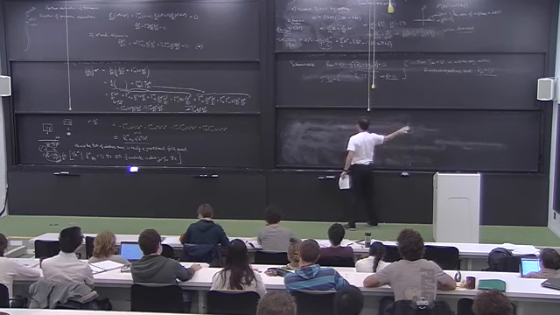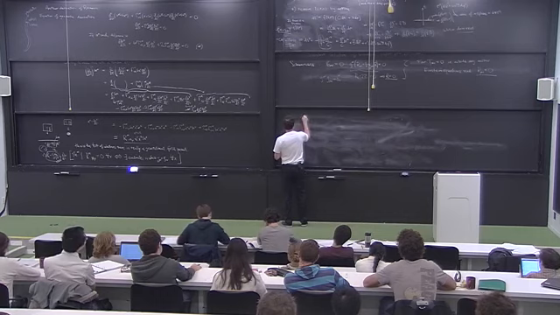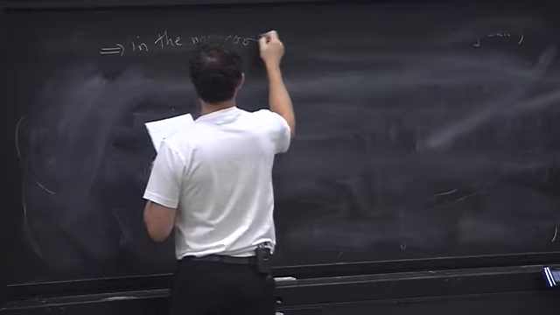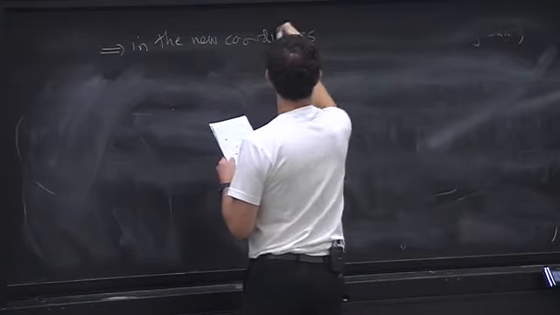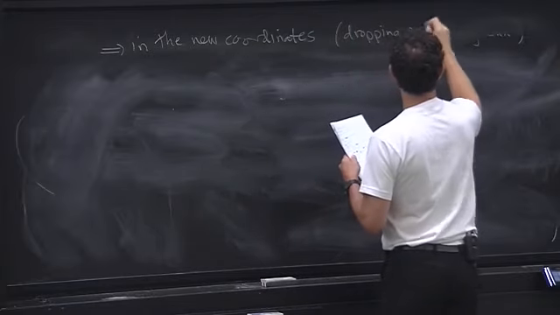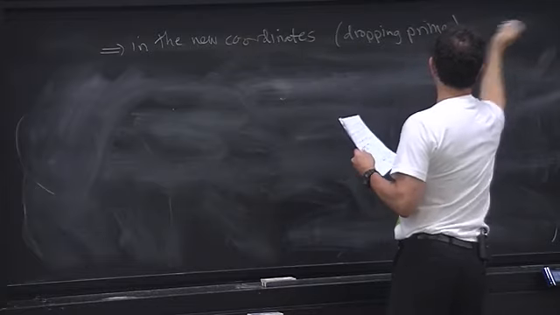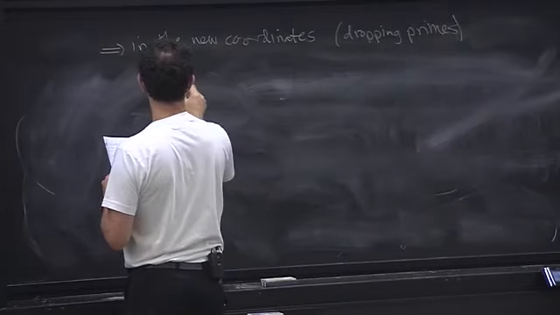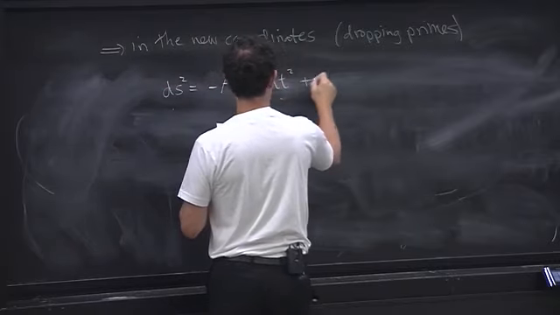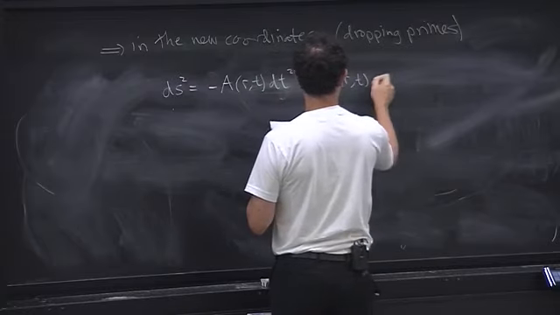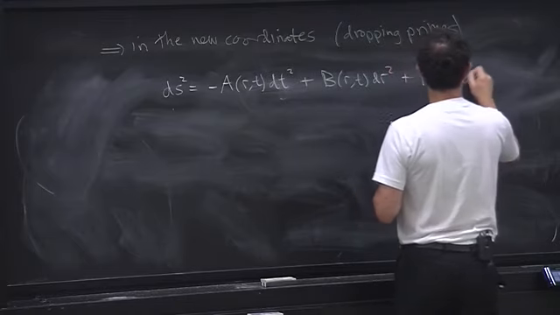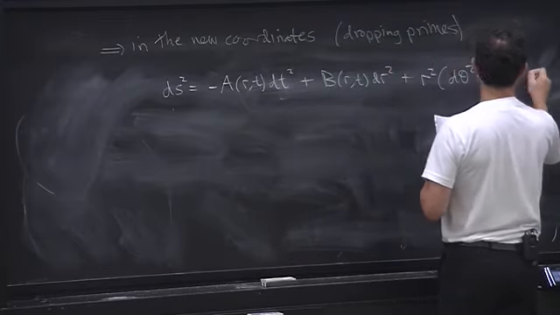So in the new coordinates, again, just dropping the primes, ds squared equals a of r and t dt squared plus b of r and t dr squared plus r squared d theta squared plus sine squared theta d phi squared.